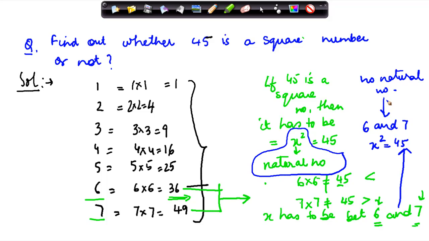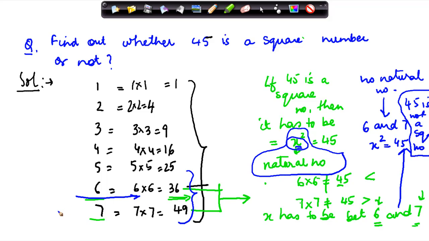Hence, 45 is not a square number. Because if it were a square number, the value of x has to be a natural number, which is not possible given the analysis that 45 falls between these two numbers, and between these two numbers there is no natural number.